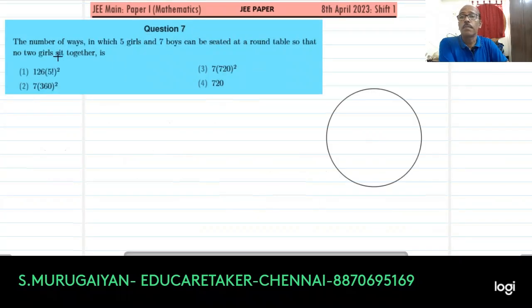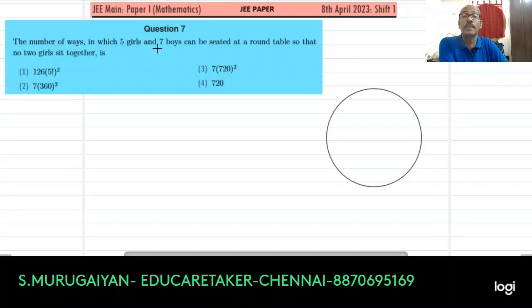Question 7. The number of ways in which 5 girls and 7 boys can be seated at a round table so that no 2 girls sit together. If we look at the condition, we have to arrange the 7 boys first so that we can avoid seating 2 girls together.